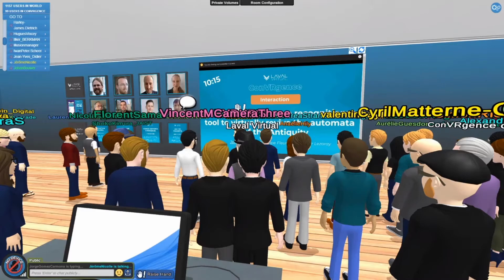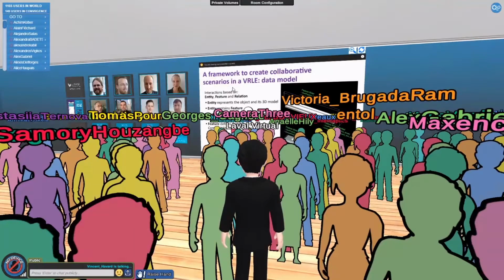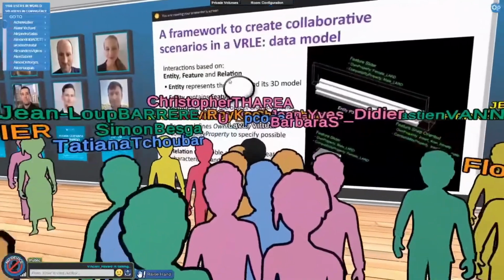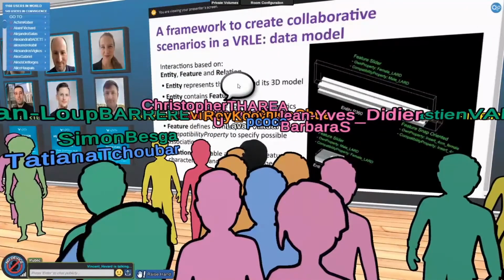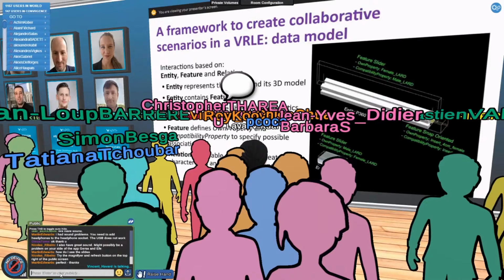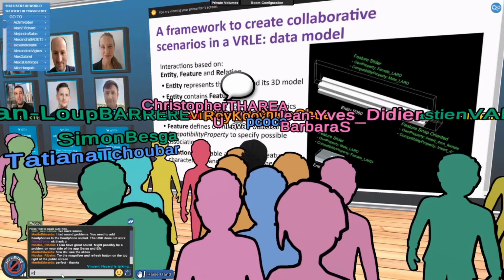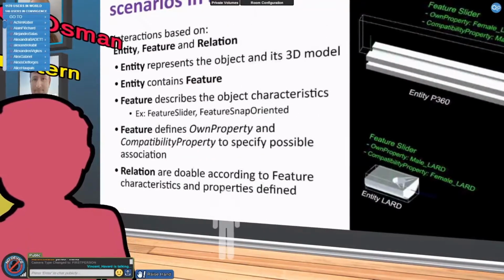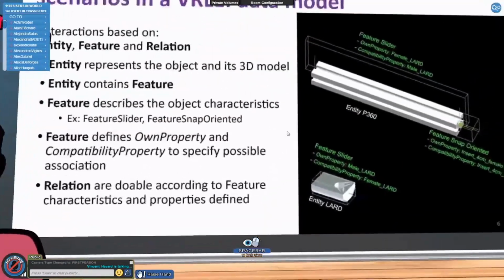So it means that for each piece, whatever its 3D model, we can put some features and make them interactable. As an example, for the entity P360, we have also put a feature snap oriented on it on the right. So on the entity P360, we can put a sliding entity lord, but we can also put another piece on the P360.